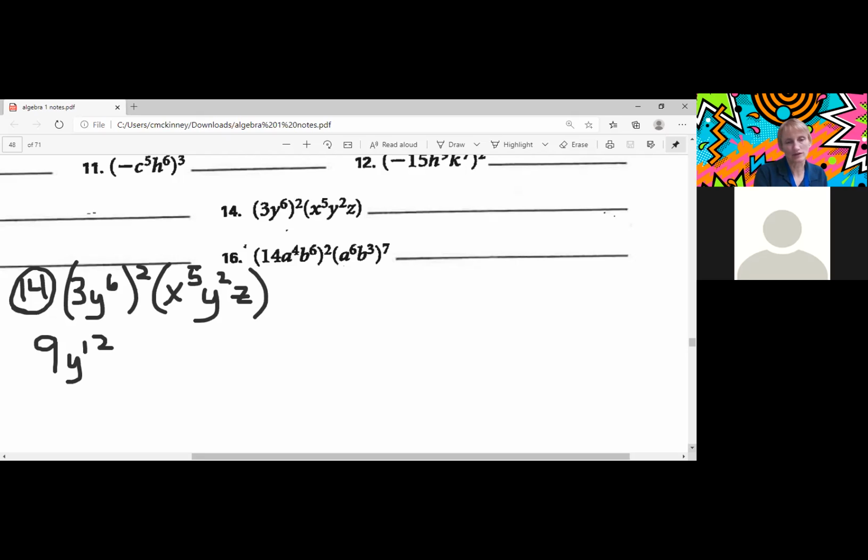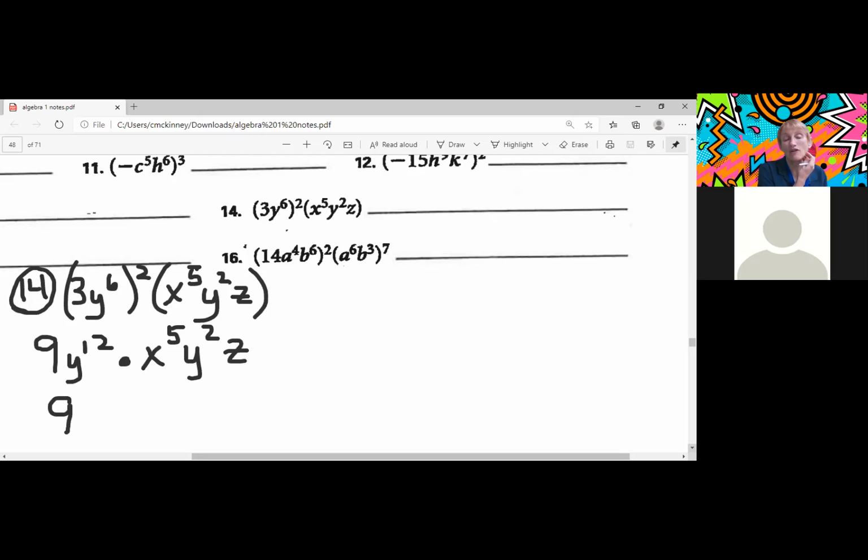Now the second part doesn't need to change, but now what I'm doing is multiplying these two things, and we know multiplication is product rule, where if there are coefficients, they actually multiply, but exponents get added. So there's only a 9, so it's still going to be 9. It's like 9 times 1 is still 9.